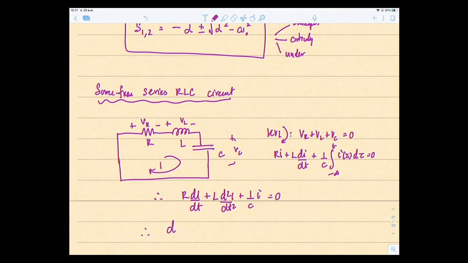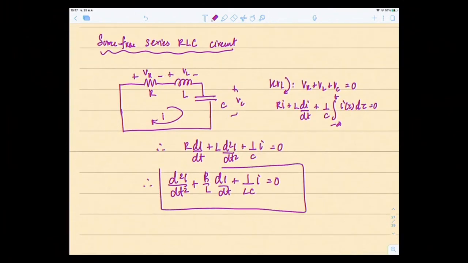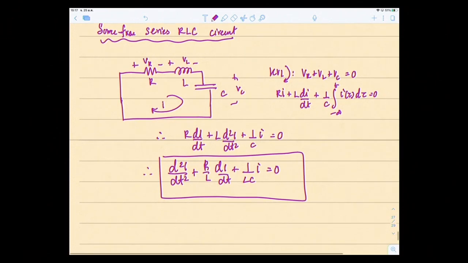Or in other words, you would have d squared I/dt squared plus R over L di/dt plus 1 over LC I equal to 0. So again, second order differential equations, homogeneous because it's equal to 0. So in this case, let's see.